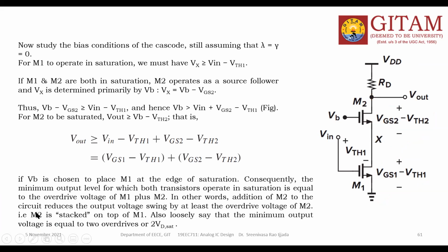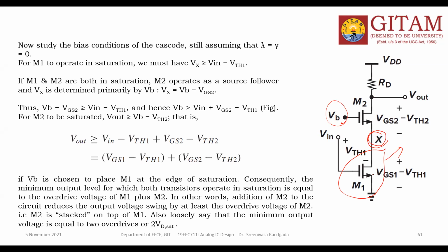Now, if VB, the fixed voltage applied to the M2 gate, is chosen to place M1 at the edge of saturation. Suppose you apply the voltage VB in such a way as to produce the corresponding voltage at X to keep M1 at the edge of saturation. Whether the device is in saturation, cutoff or triode region depends fully on the voltage applied to the gate.